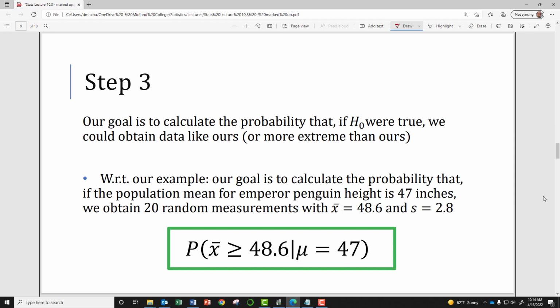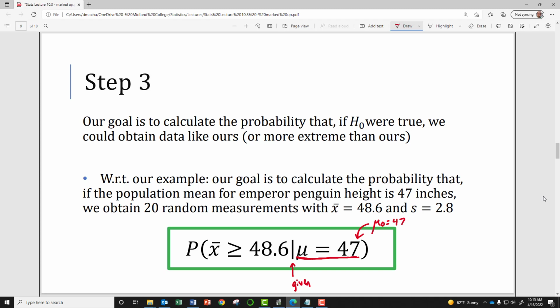Now, our goal is to calculate the probability that if the null hypothesis is actually true, we could obtain data like ours or more extreme than ours. So, in other words, given that my null hypothesis is true, or given that really the underlying population mean is exactly 47, remember, 47 is what I'm calling my mu naught.